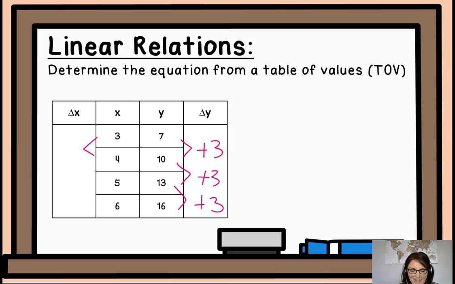And our change in X, or delta X, is adding 1. So plus 1. So we can determine our slope is rise over run, so 3 over 1.